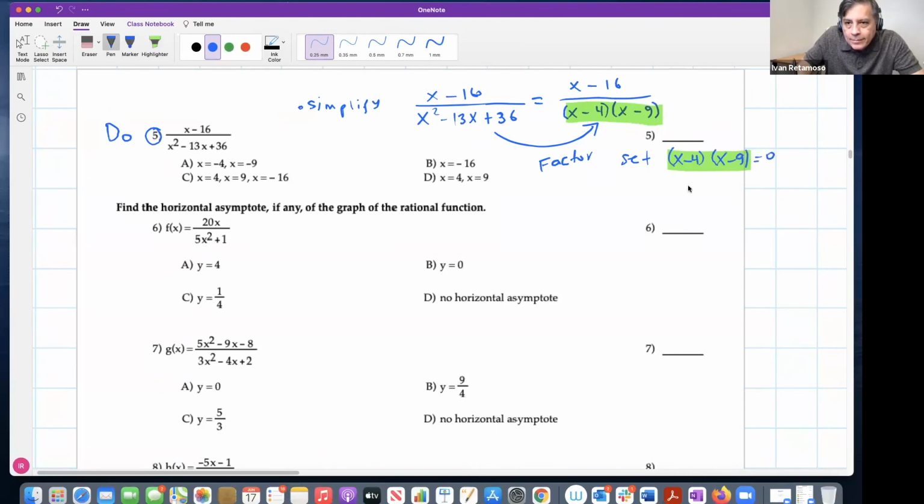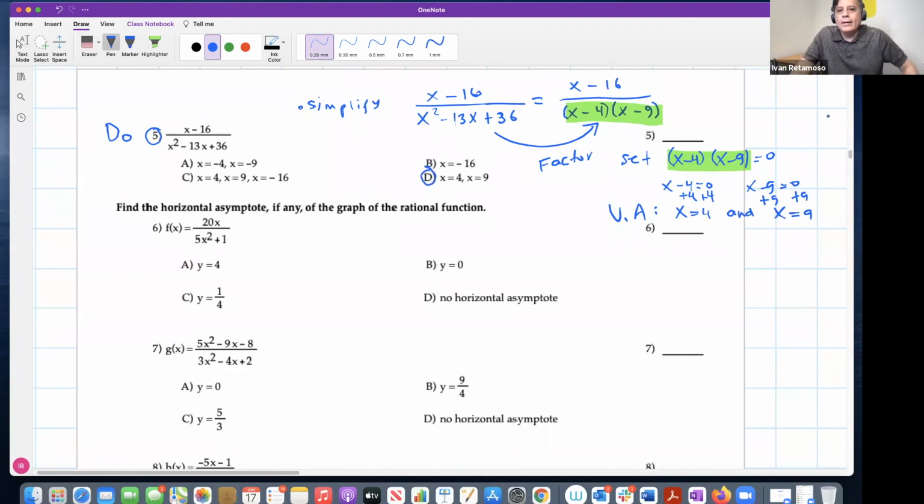So x minus 4 equals 0, x minus 9 equals 0. Adding 4 to both sides, x equals 4, the first vertical asymptote. Adding 9 to both sides, x equals 9. So we have x equals 4 and x equals 9 as vertical asymptotes. Follow, guys?